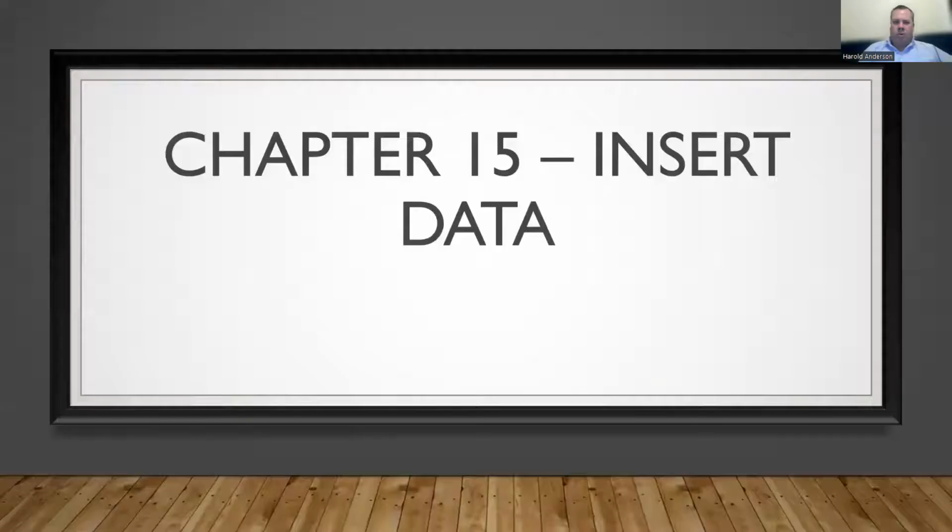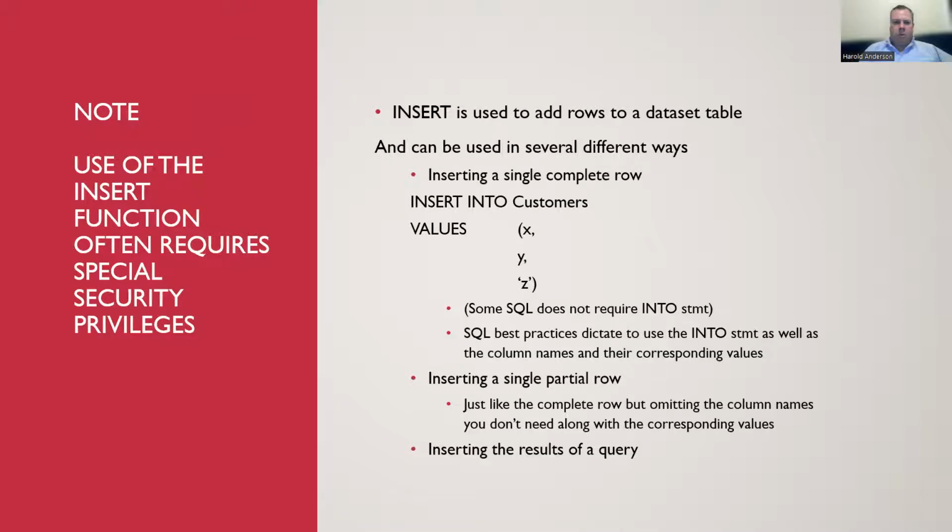Okay, so next one, chapter 15. Use of the insert function often requires special security privileges. Obviously, you're making permanent changes to your data, so the insert command is going to have, or should have, some kind of special security.